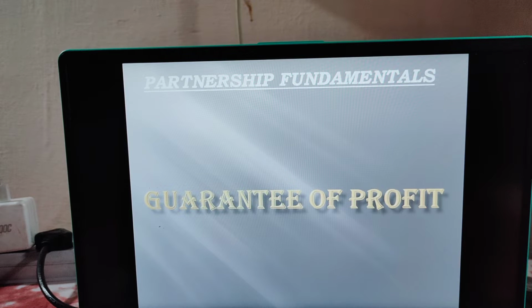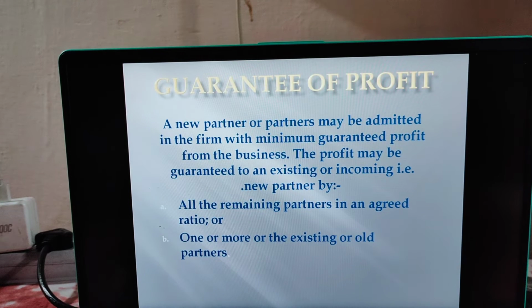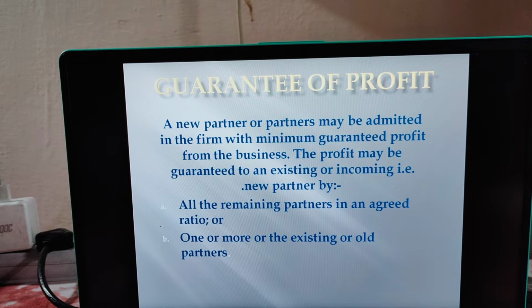Okay, so when there is a case of guarantee, we have to deal with exactly what amount of guarantee the firm or the partner has given to the other partner. Now see, we have a guarantee of profit. A new partner or partners may be admitted in the firm with minimum guaranteed profit from the business.